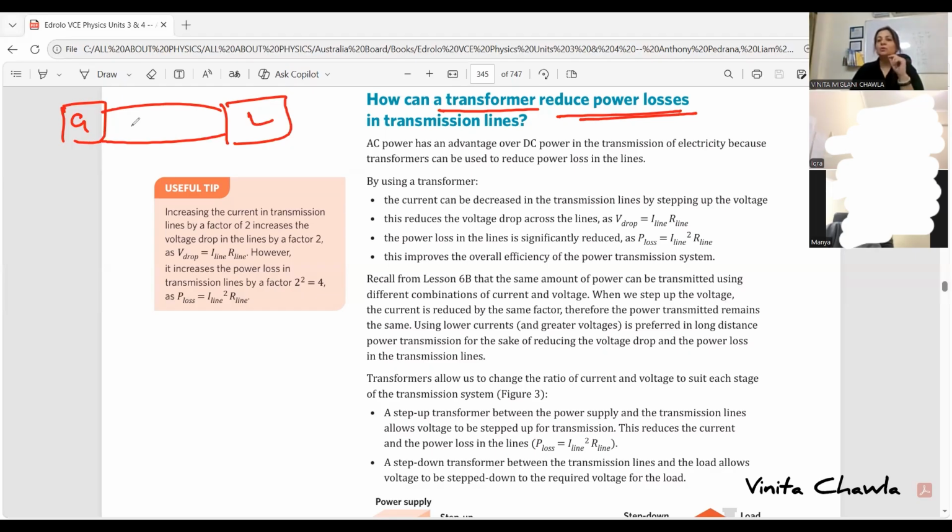So here we're going to use two transformers. One is step up and the other is step down. We use a step up transformer with the generator, and we use a step down transformer with the load. What is the difference between step up and step down?